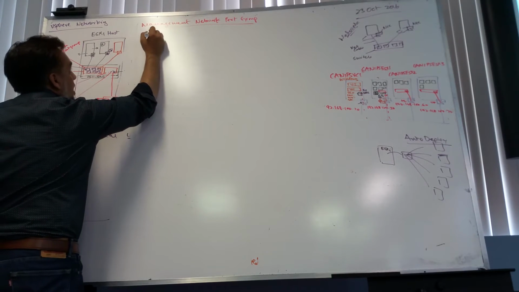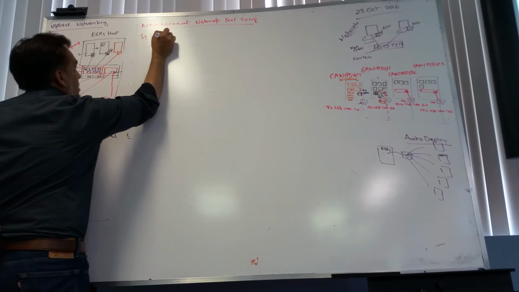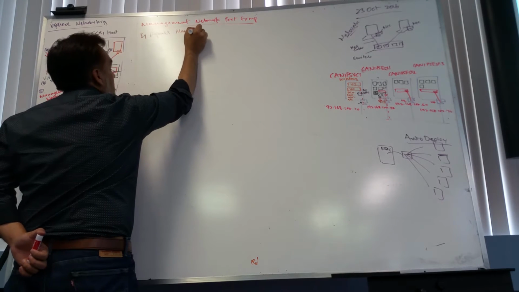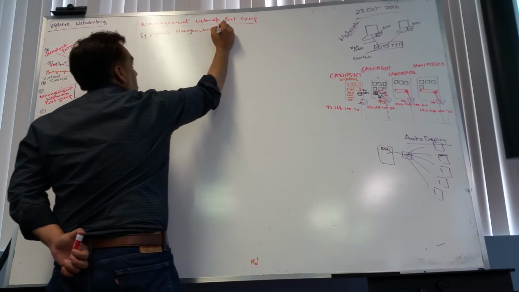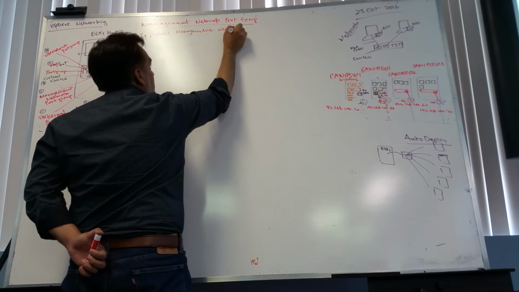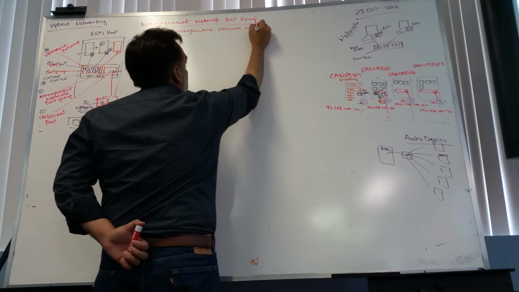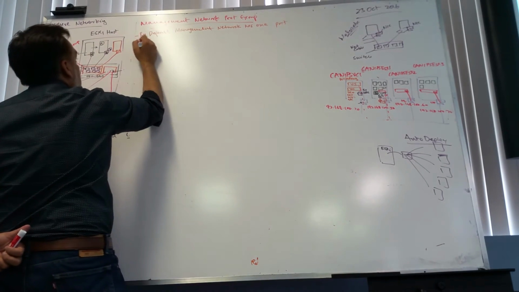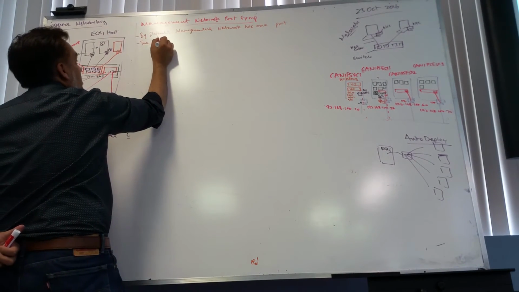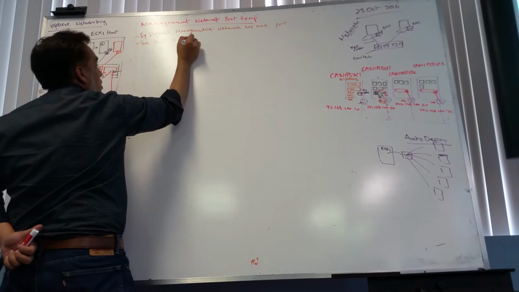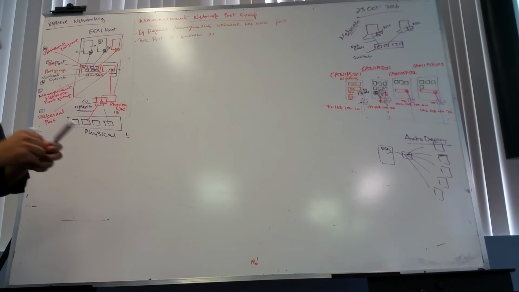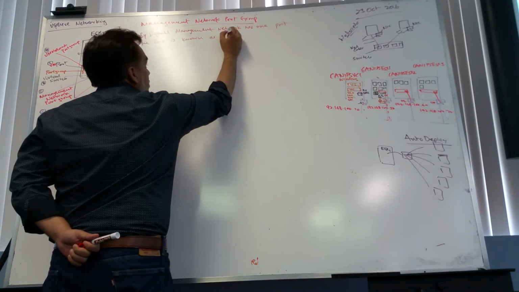So here I'm going to say, by default, management network port group has one port. What is the port known as? That port is known as VM kernel port.